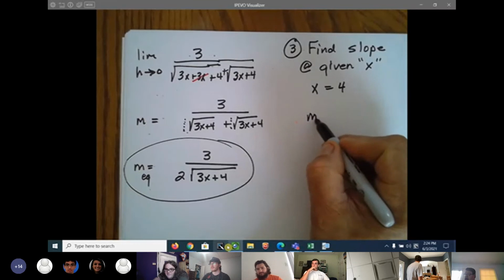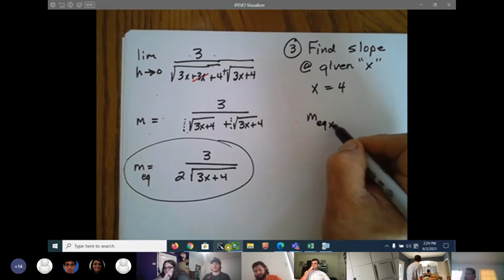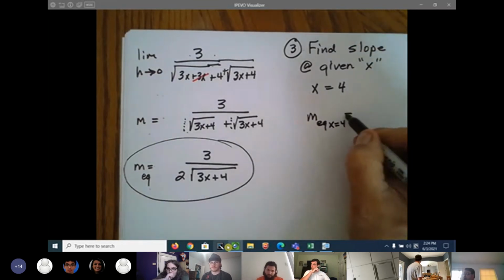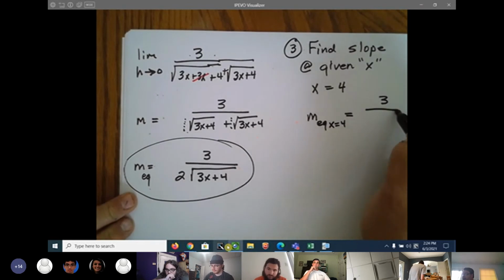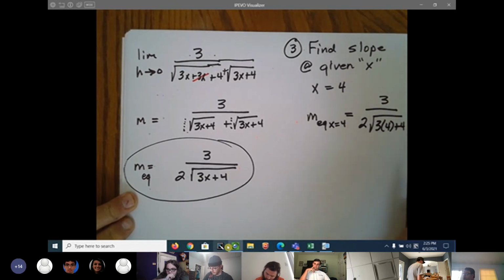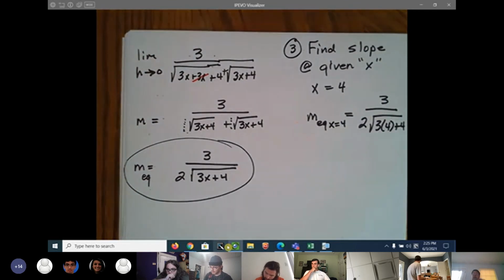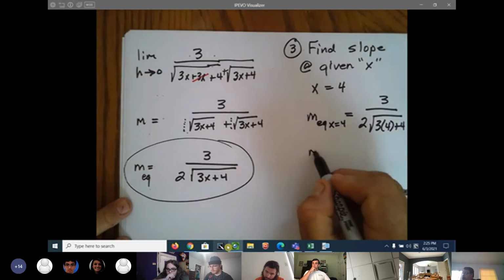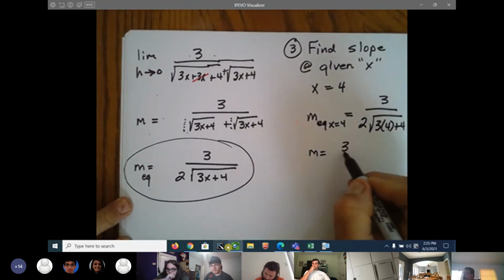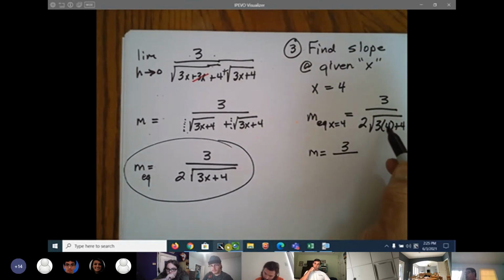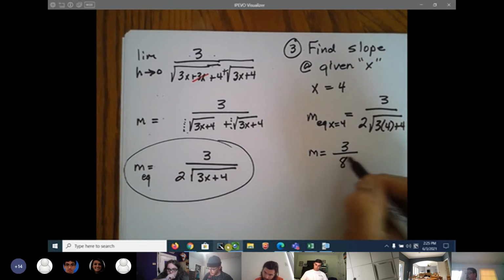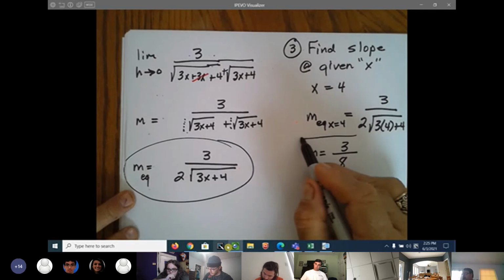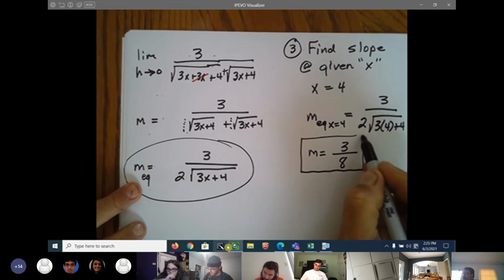So m, the equation at x is equal to 4, equals 3 over 2 times the square root of 3 times 4 plus 4. And that m is equal to 3 over 2 times 4, 3/8. Ding, ding, ding. You just finished part 3.